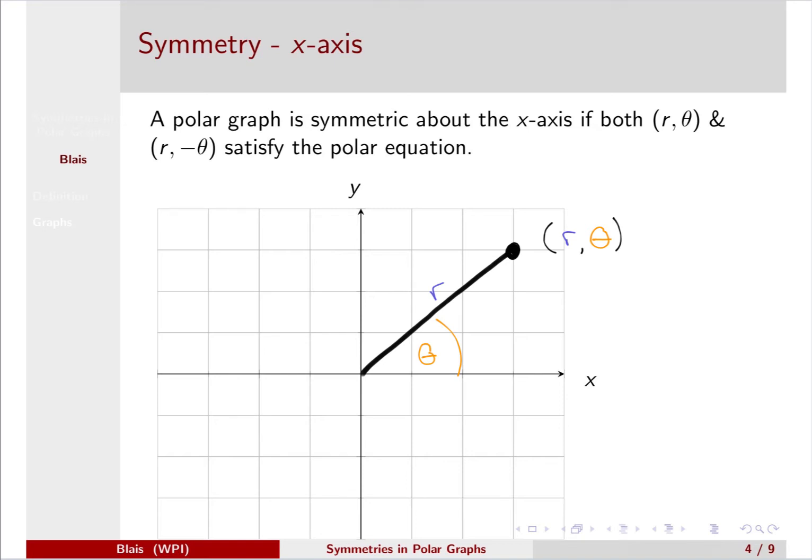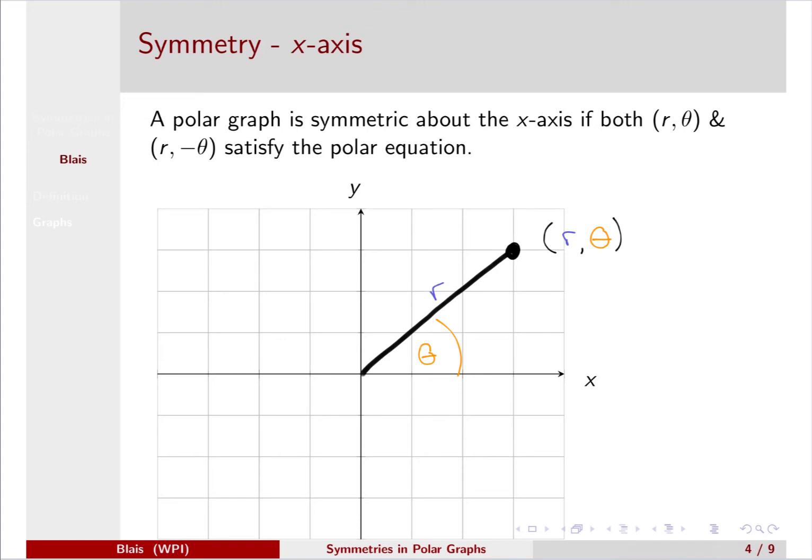What does it mean for a polar graph to be symmetric about the x-axis? Well, it means that you can reflect the entire graph about the x-axis. Think of it as whatever you have for a graph in the first and second quadrants, you have a mirror image of it in the third and fourth quadrants.